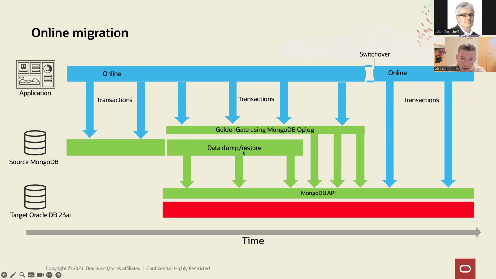So while the data dump and restore only restores anything from that particular snapshot, GoldenGate is using the MongoDB oplog in order to keep all of these transactions and apply them to the target once the data dump and restore is done.